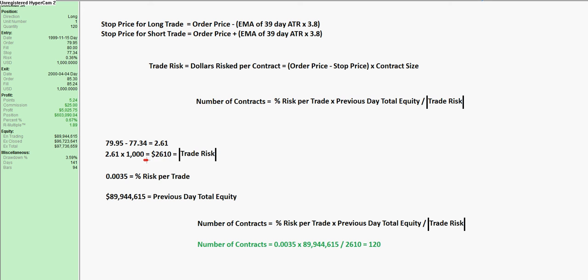We know our trade risk right here, we know our risk per trade, 0.0035, to put into the formula, and we know our previous day total equity of 89 million. This formula, I wrote again down here on the bottom. If we plug in the numbers we just figured out, it means we're going to be buying 120 contracts of CL on November 15th. So that's where this number 120 came from.